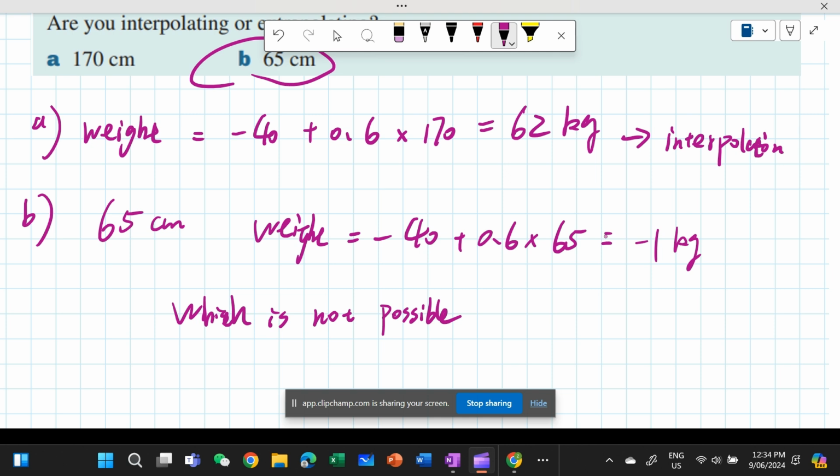And that will be extrapolation. Oh, this is outside the range.